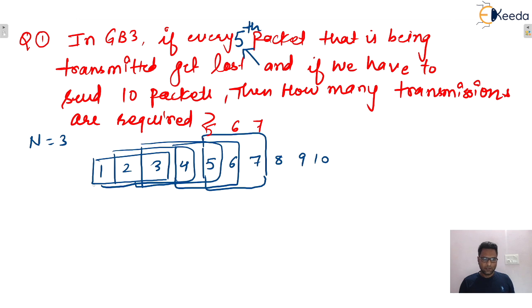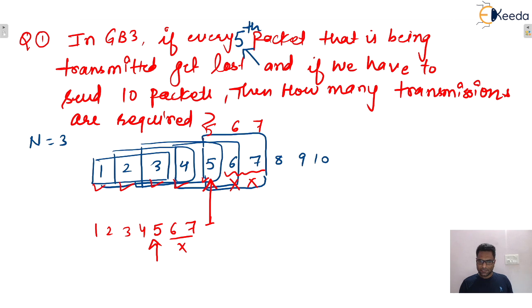So you can see first, second, third, fourth, fifth, this packet gets lost. So you know, those subsequent sixth and seventh will be discarded, and go back from 7 to 5 and again retransmit. So we can say that 1, 2, 3, 4, 5, this one gets lost, 6, 7 will be discarded.